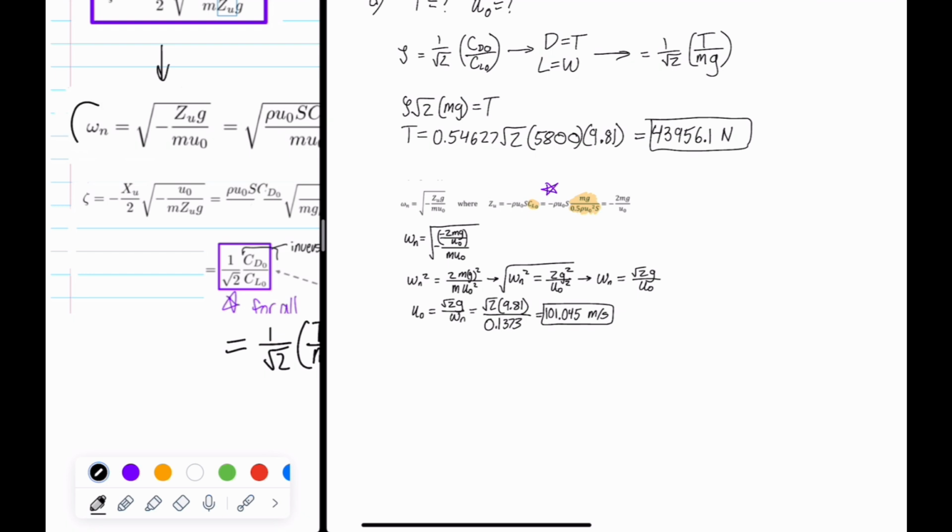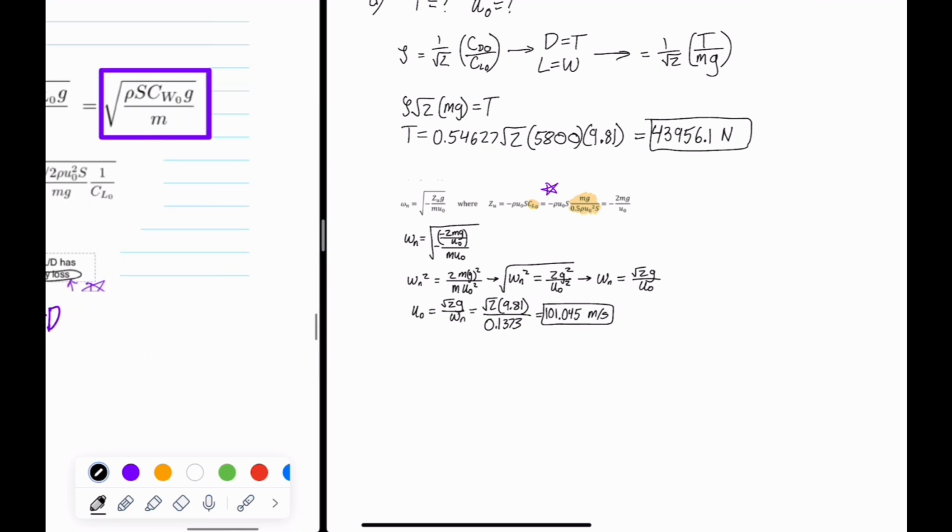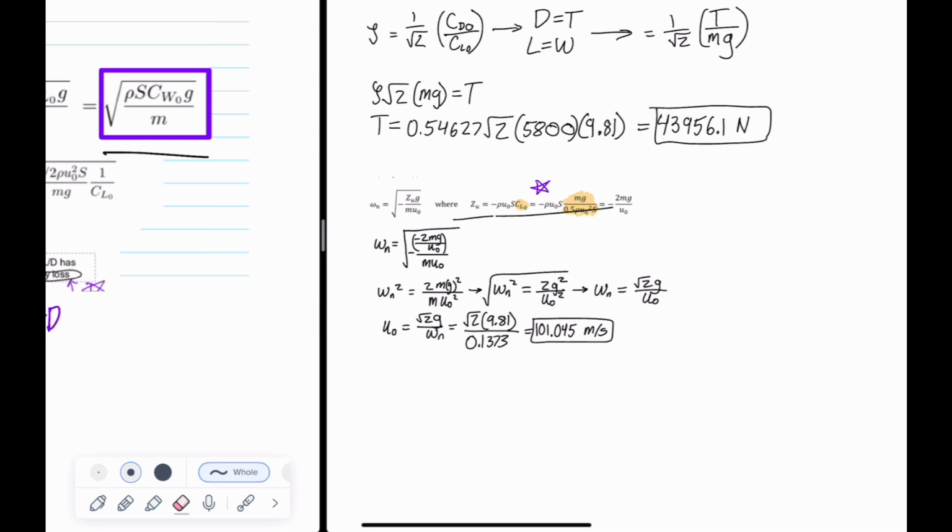And then using this equation right here, where ZU equals this, we know that CL equals lift over this stuff, but we know that lift equals weight, so we can just plug in mg.